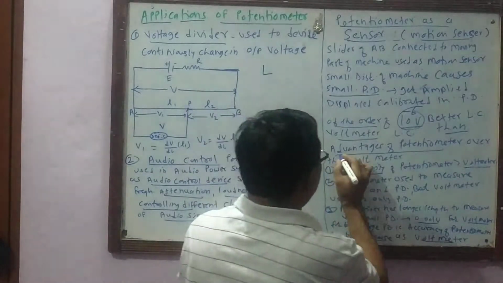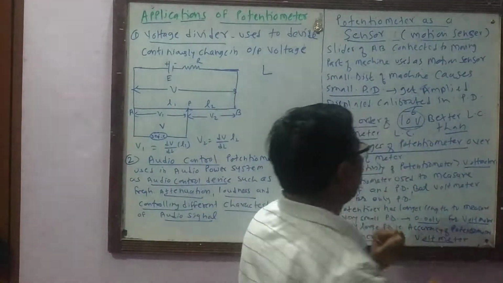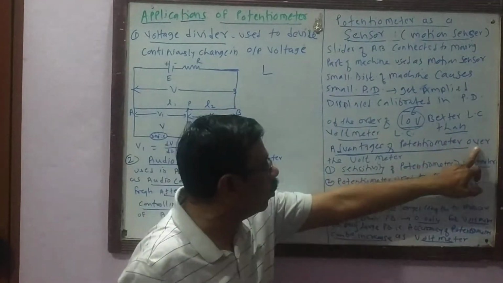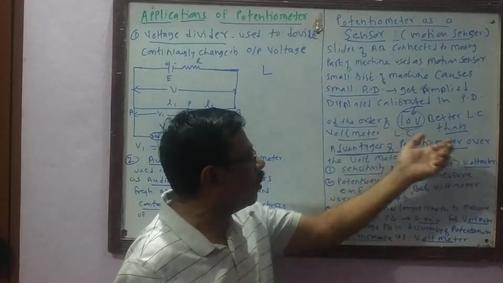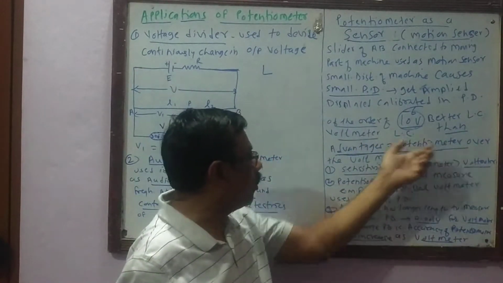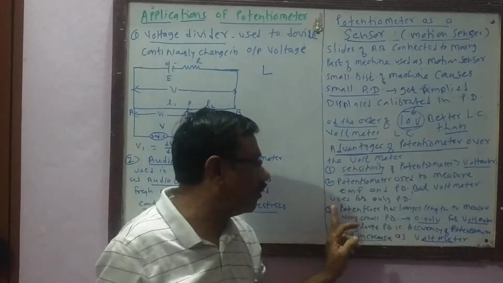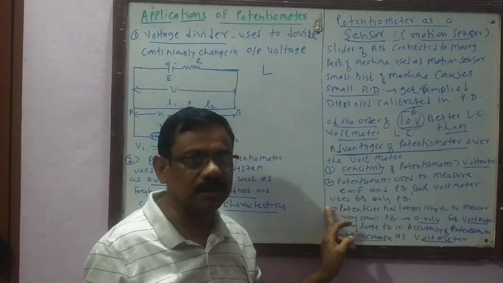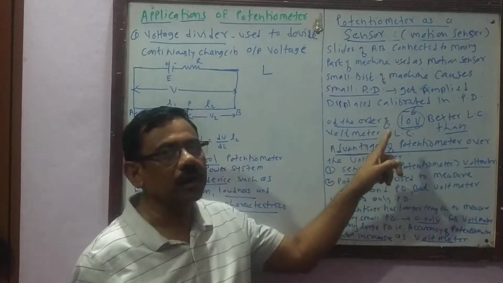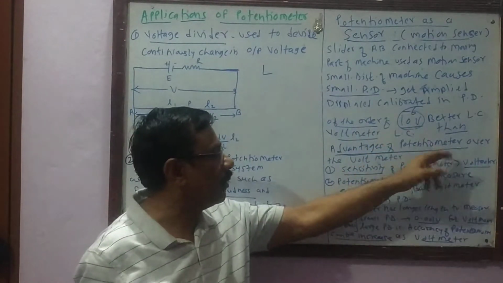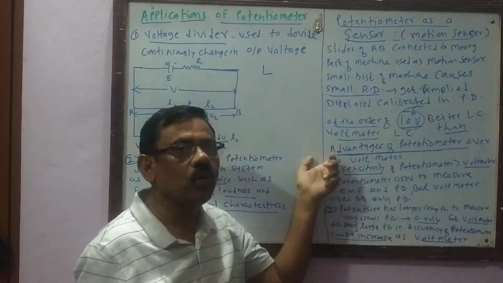Now let us discuss the advantages of potentiometer over the voltmeter. This is one of the important questions for 3 marks. What are the advantages of potentiometer over the voltmeter?